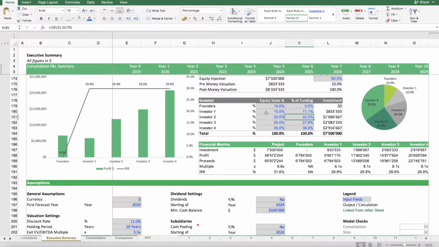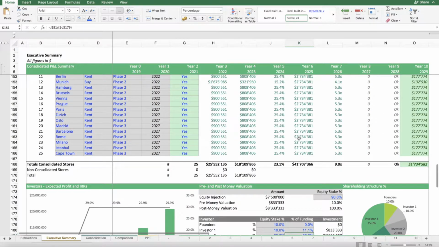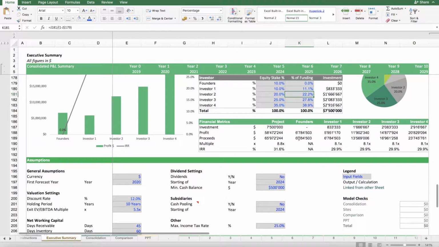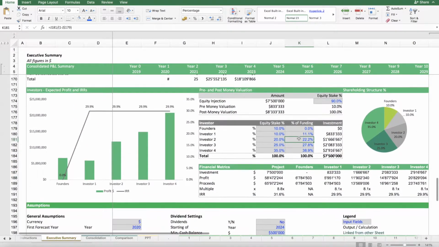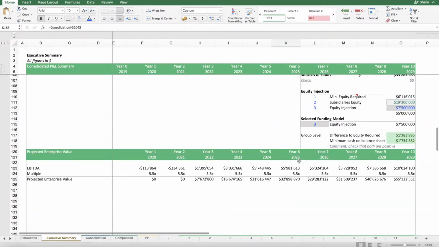Of course, this is all simulation, and it's heavily dependent on the assumptions you take. Therefore, it's important to thoroughly work through this model and use the best possible assumptions you can find. I think this is what I wanted to show you.